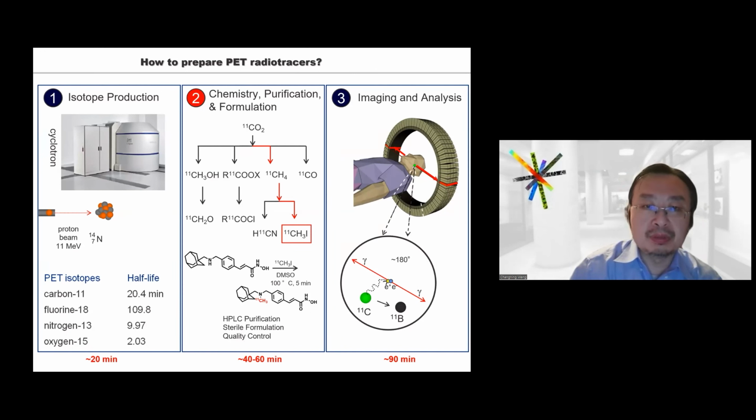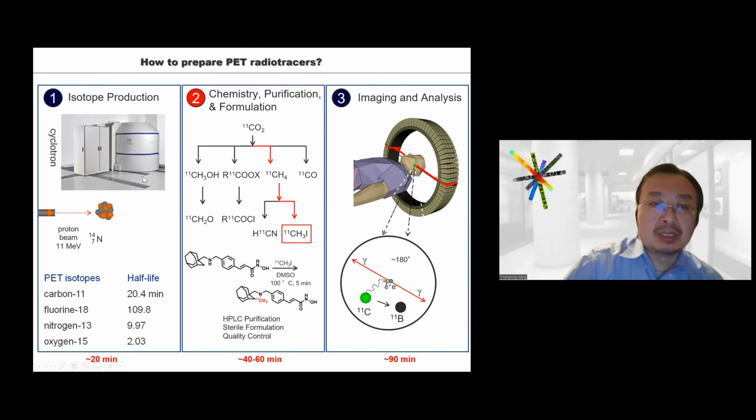It's very difficult to transport these tracers far away. Especially for C11, N13 or O15, we should work in the same building. But F18 we can deliver to the same area. For example, I'm in Boston, so if I make a tracer in my lab, I can ship it around Boston, and it has to be used in one day.